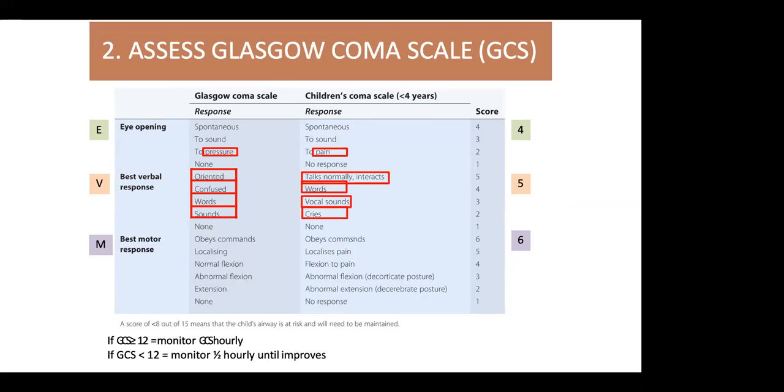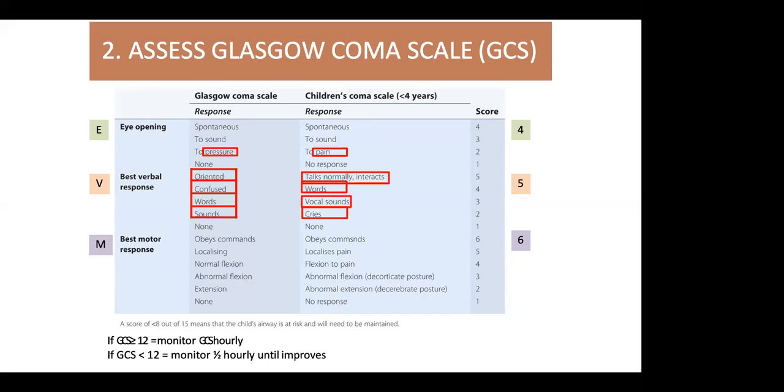And lastly, check for the motor response. If the child can obey command, for example, ask the child to move the hands, and the child obeys that command, give full score of 6. If the child can localize pain, for example, we give painful stimulus and the patient tries to remove the stimulus away from his or her body, then give score 5.